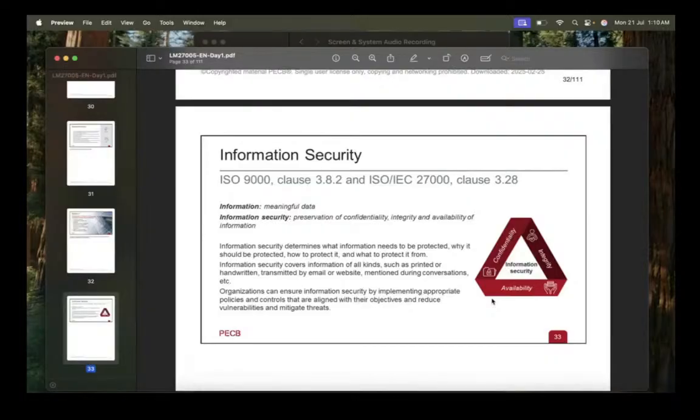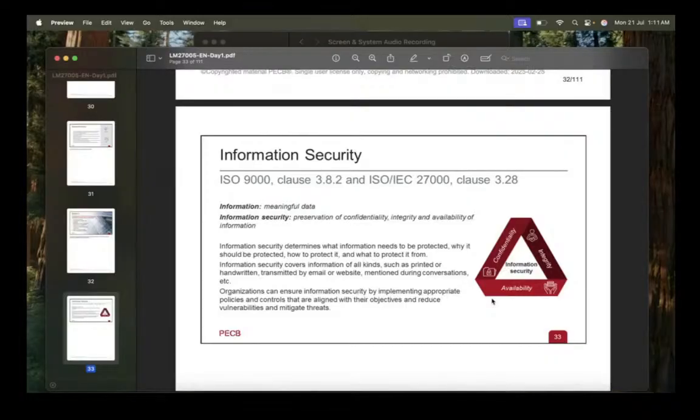This is taken from ISO 9000 clause 3.8.2 and ISO 27000 clause 3.28. Here, as you see, information is meaningful data. Of course, not all raw data comes under information; it should be meaningful data.